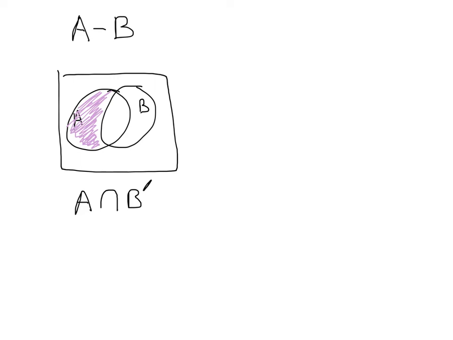B complement is anything on the outside of B. So what we're saying is anything that's outside of B, but that's actually in A, is in the set difference. So you could have written a set difference as an intersection and a complement of something. So A minus B is A intersect B complement. All right. So there's lots of these little nifty things that sort of immediately pop out at you once you've played around with enough Venn diagrams.